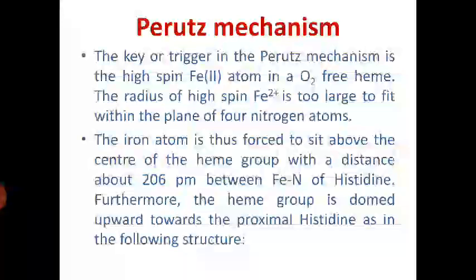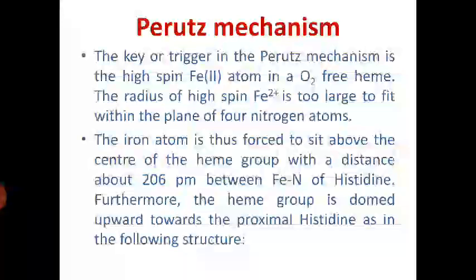So the key or trigger in the Perutz mechanism is the high spin iron 2 atom in an oxygen free heme. The radius of high spin Fe2+ is too large to fit within the plane of 4 nitrogen atoms, as I said earlier. It is above the plane. Iron atom is above the plane.